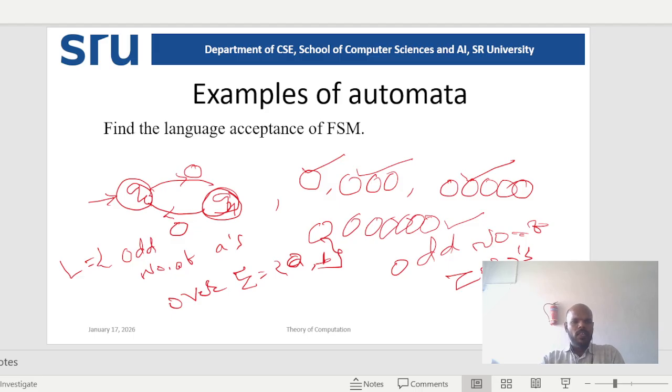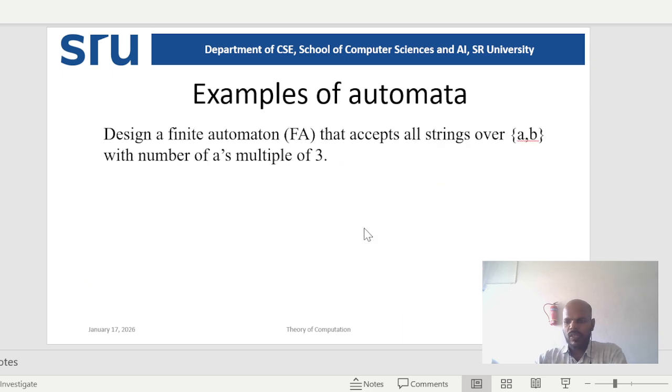I can give one more example; you try it as an exercise. I am taking A as one state, B as one state, and C as one state. A is the starting state, and C is the final state.